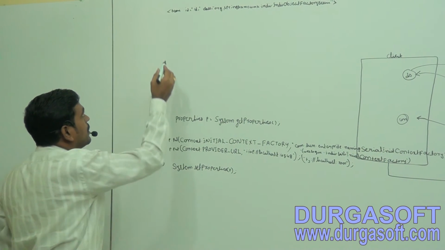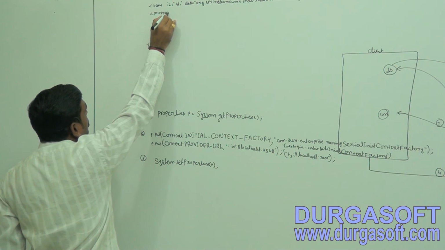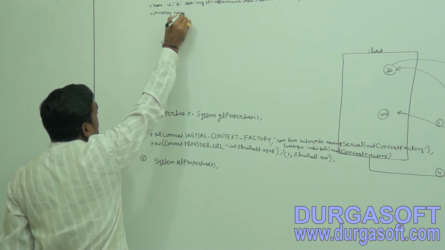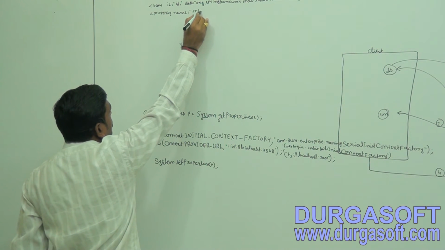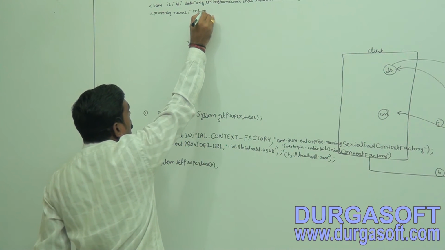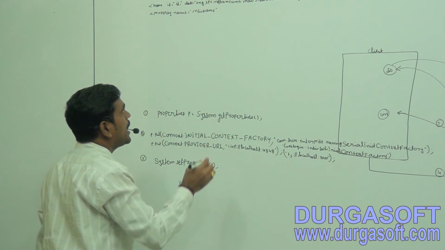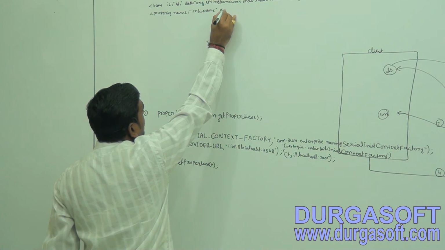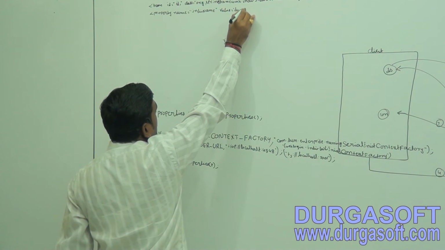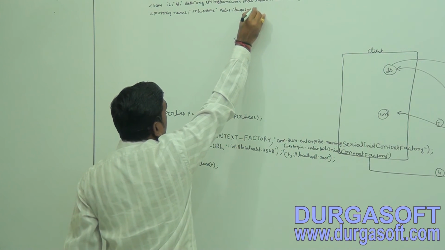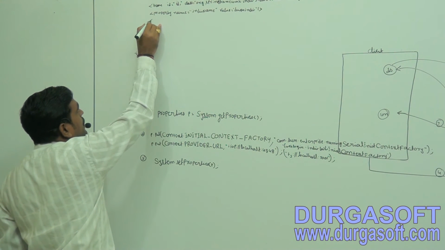We have to configure JndiObjectFactoryBean. Then after that, property name is equal to jndiName, and value is equal to DurgaJNDI, and close the bean.